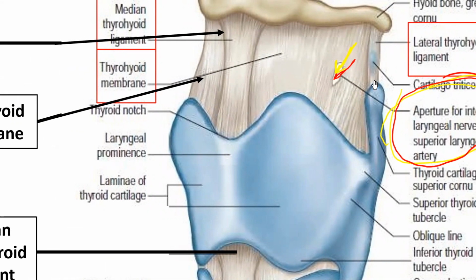ligament. And this lateral thyroid ligament is attached inferiorly to the superior cornua of the thyroid cartilage and superiorly up to the greater cornua of the hyoid bone. And also this thyroid membrane has an aperture for the internal laryngeal nerve and superior laryngeal vessels. So along the upper border of the thyroid cartilage, a thyroid membrane is attached, which will attach the thyroid cartilage to the hyoid bone.